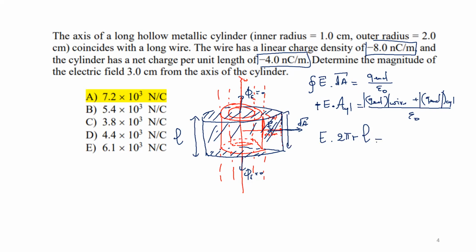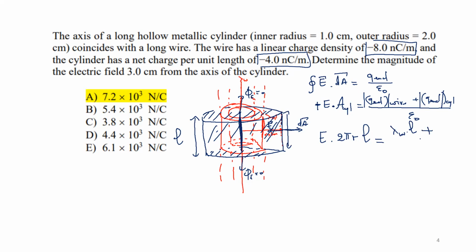And this will be equal to what? Charge enclosed by the wire. So charge enclosed in the wire is just lambda, the linear charge density of the wire, multiplied by L. Okay, this is the charge which is here, enclosed by the Gaussian surface, so it has the same length L. So the total charge will be just lambda wire multiplied by L. Of course, lambda wire, I mean absolute value of lambda wire.